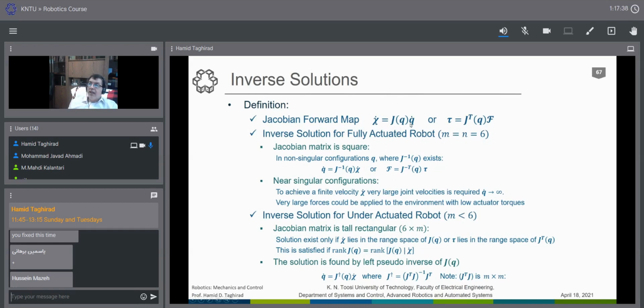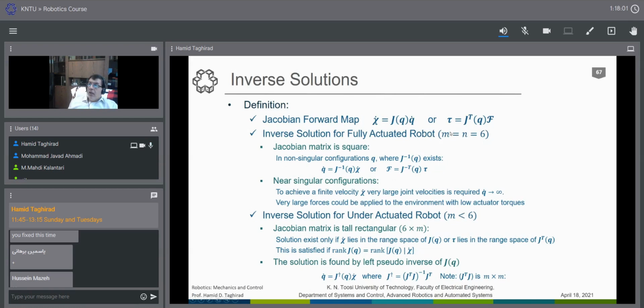Q and X are both equal to each other. In general, M is equal to N is equal to 6. We call M the number of actuators and N the number of degrees of freedom, which is usually 6 in general manipulators.